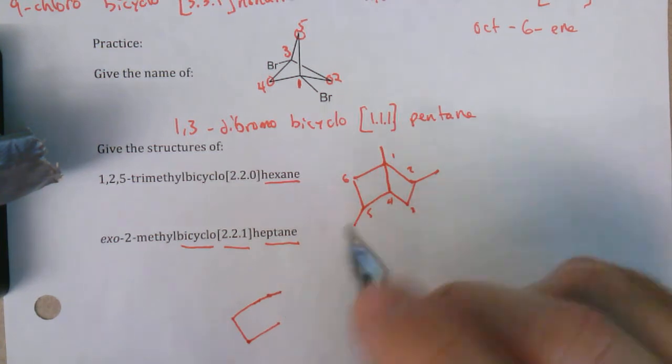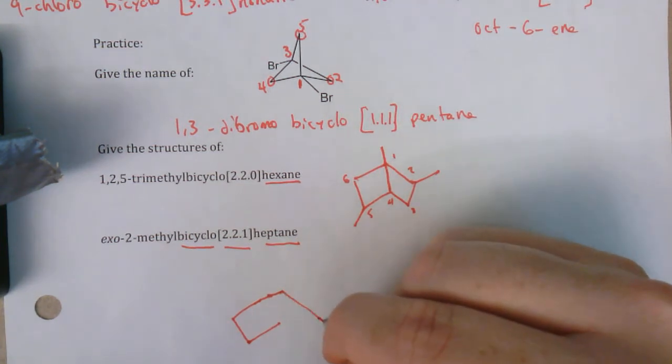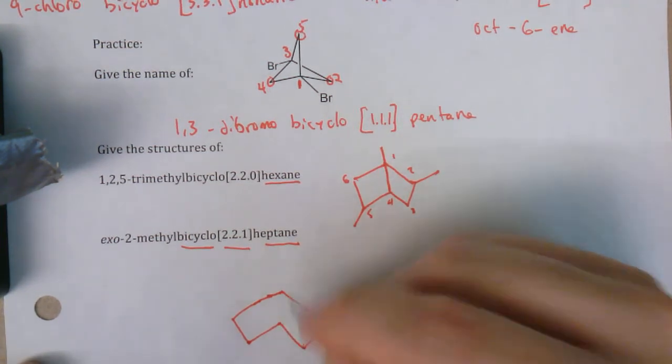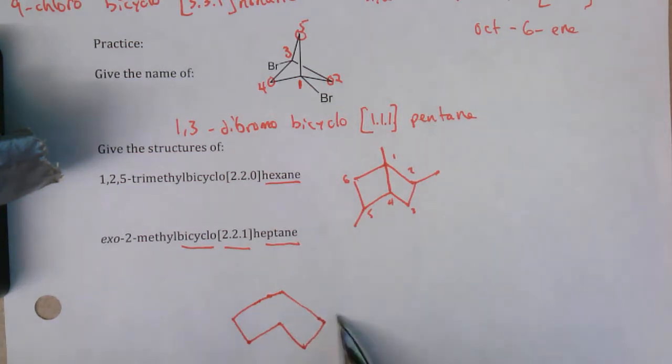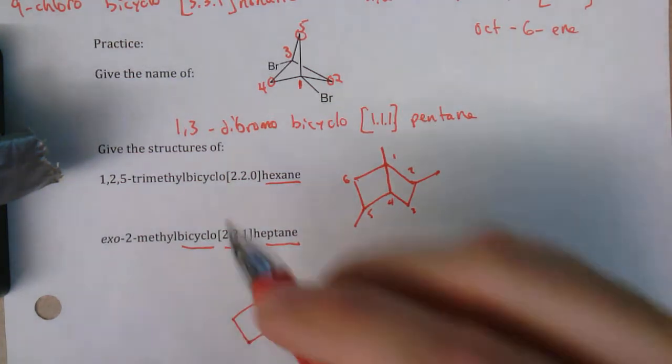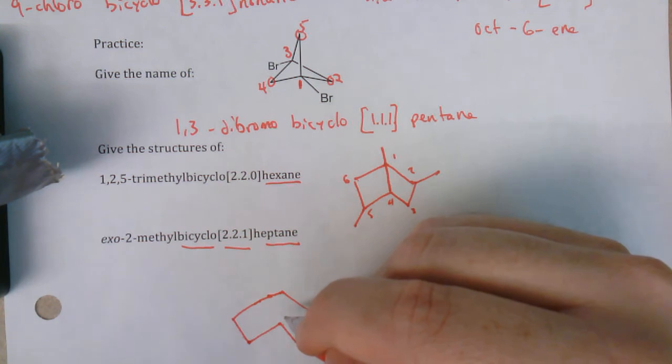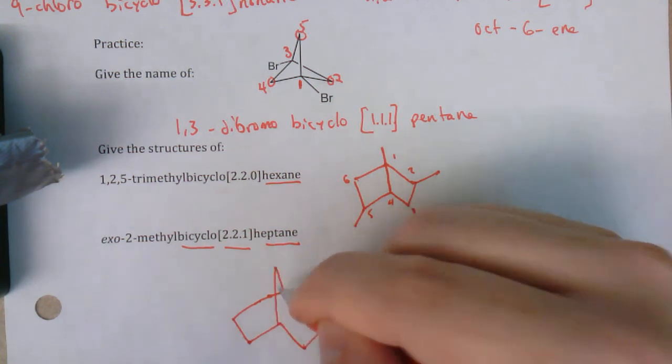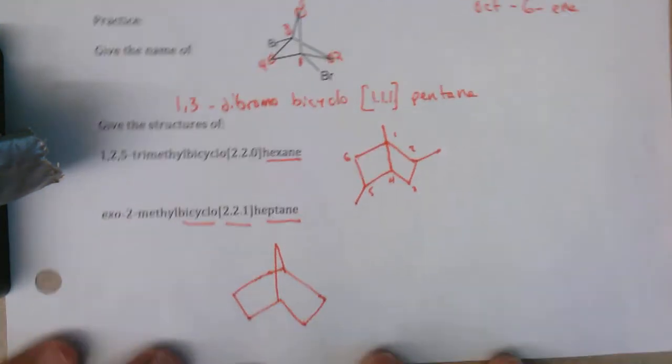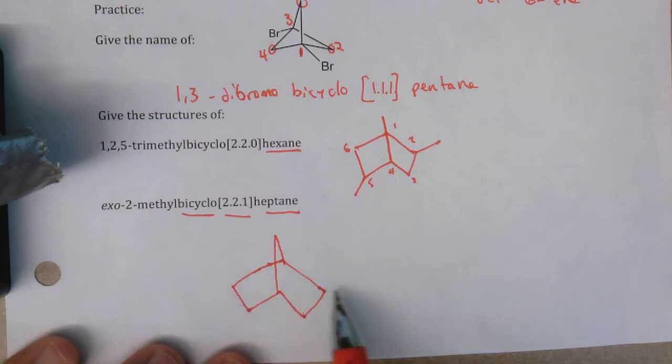I said 2, 2, 1, so my bridgeheads need another 2-carbon bridge. Okay, here's my other 2-carbon bridge. So 2, 2, and then a 1-carbon bridge, which would look like this. Okay, 2, 2, 1. And heptane, 1, 2, 3, 4, 5, 6, and this would be number 7.